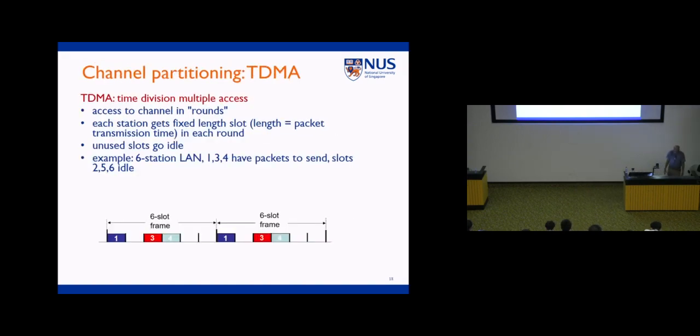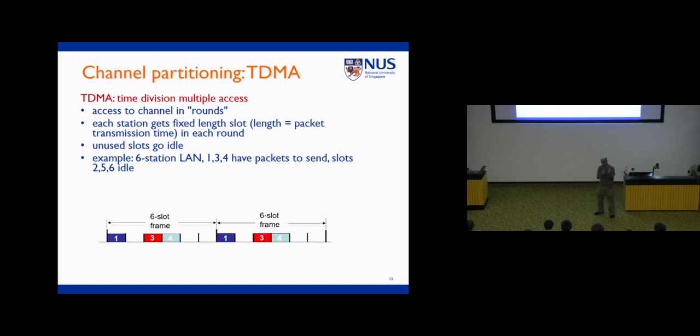So let's look at the very simple ones. Channel partitioning, this is something we have seen before. The first one is time division multiple access. In this case, we have our channel, and I break up my time into slots. This is not so good, because now we are dividing into slots.